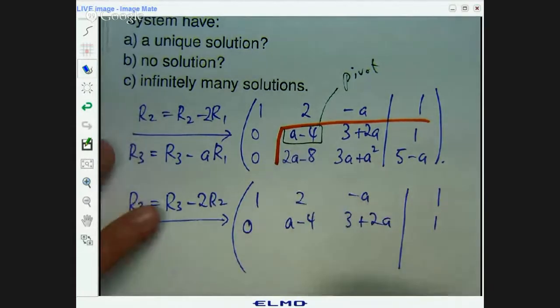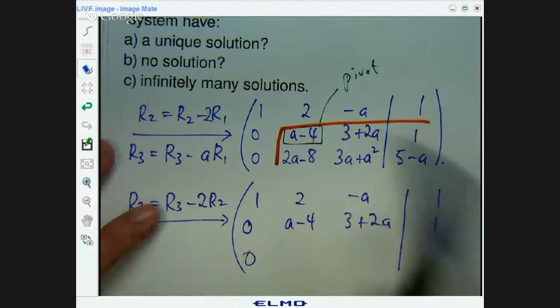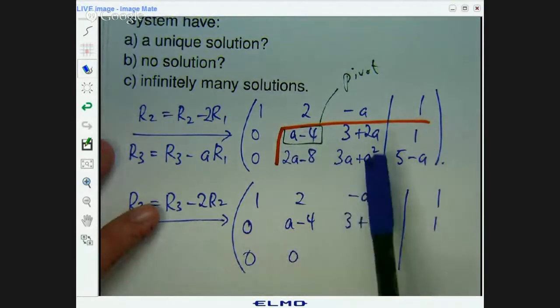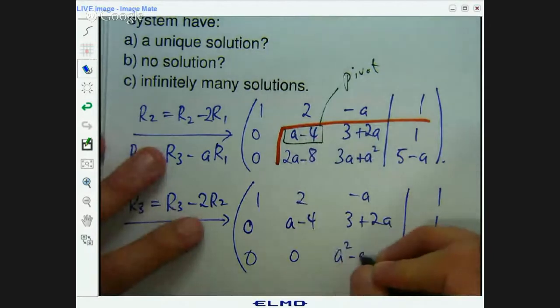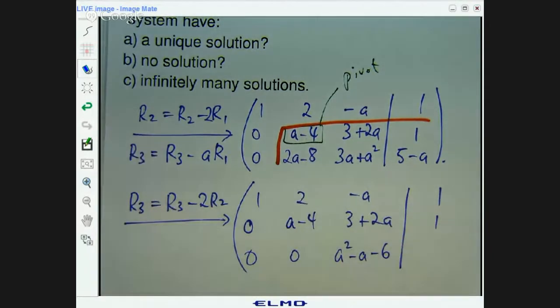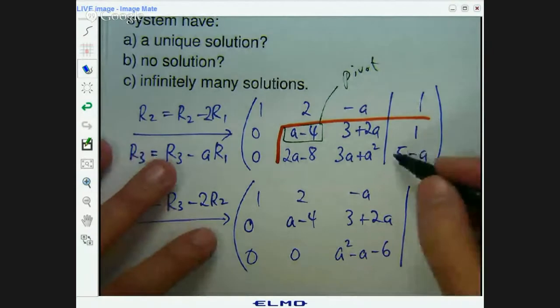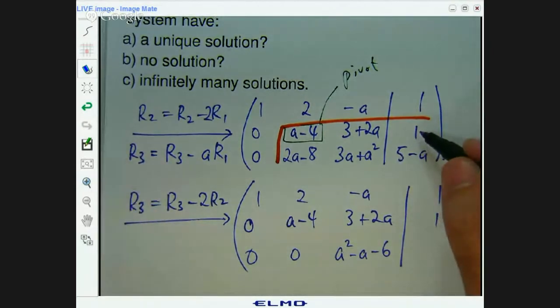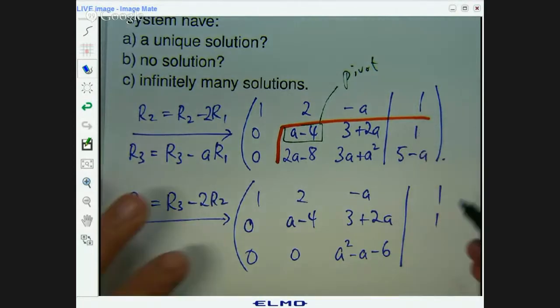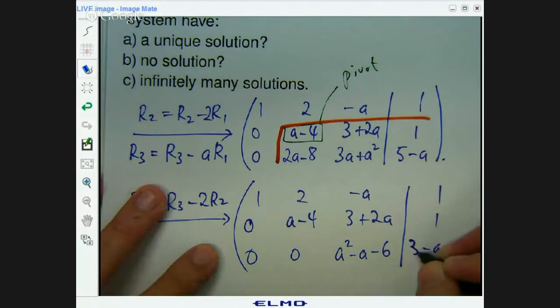So that minus 2 times that will be 0. Now that minus 2 times that will be a squared minus a minus 6. And 5 minus a minus 2 times 1, that'll be 3 minus a.